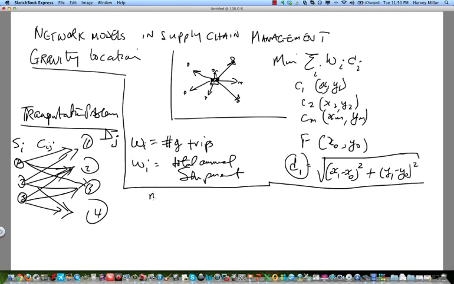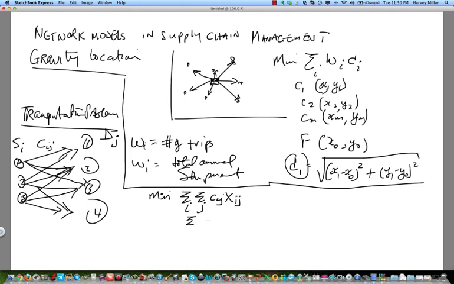And the model looks like this: minimize the sum of the shipments, where Xij is the amount that is shipped between facility i, warehouse i, and customer j.